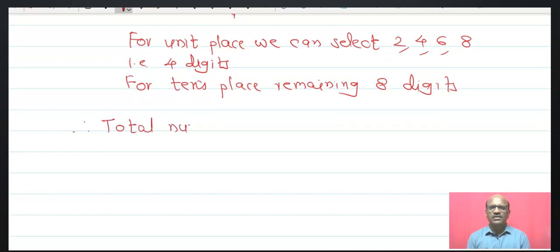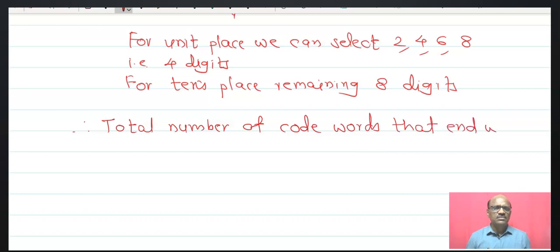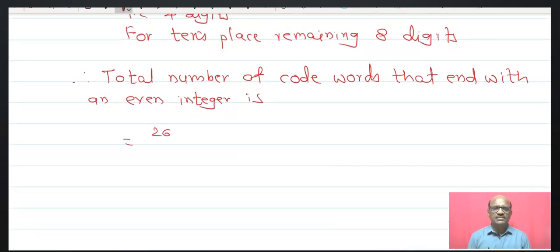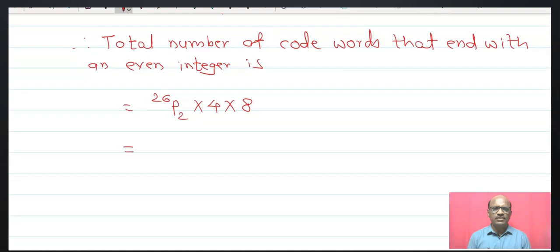Therefore, the total number of code words that end with an even integer is 26P2 into 4 into 8.